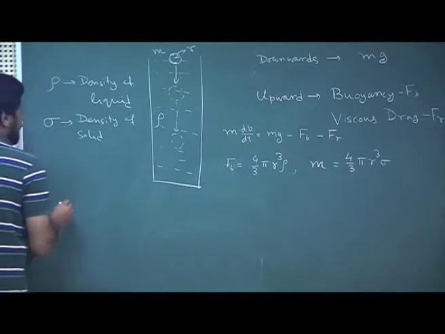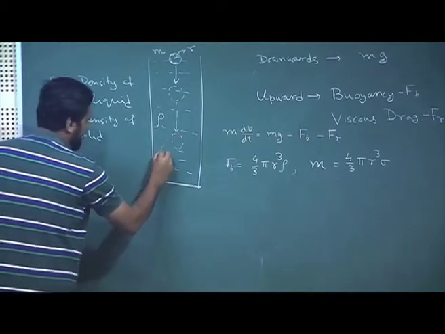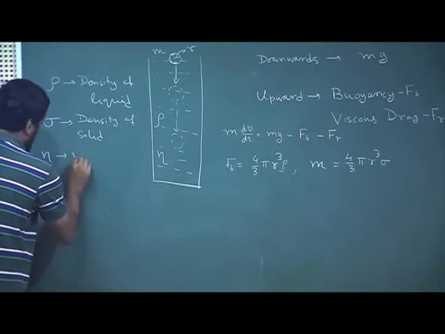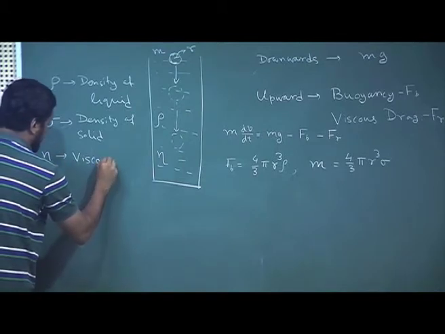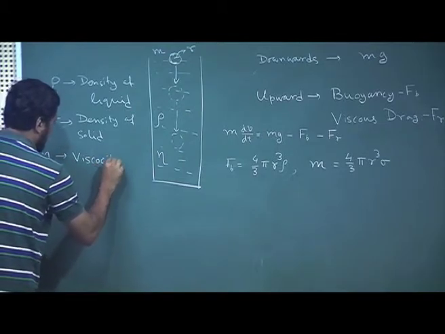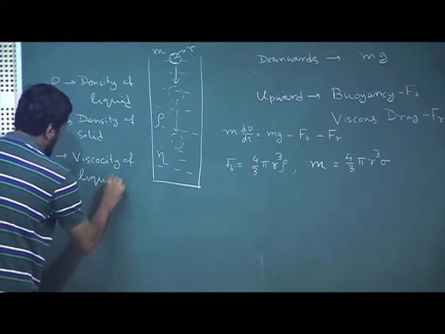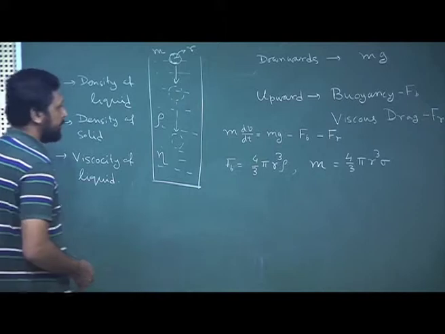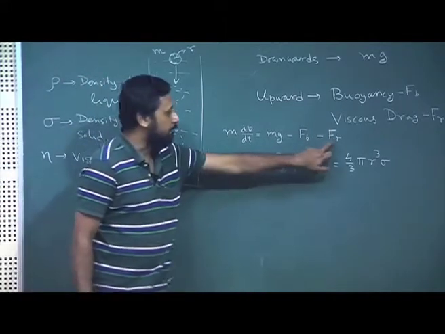And you probably know that there is a viscosity. We call the viscosity of the liquid eta. Okay. Now, where does this eta come in? Eta comes into this term.